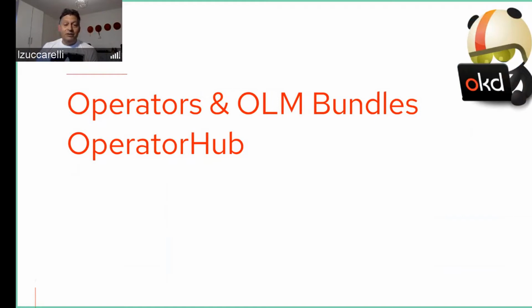And the OLM bundles we'll talk about later, and you'll see in the demo where we create the operator. The operator might have an agent that it needs, which we call the operand, and so we'll need to bundle the operator and the operand, and then put it into a catalog, and then the catalog is what we talk about as Operator Hub.